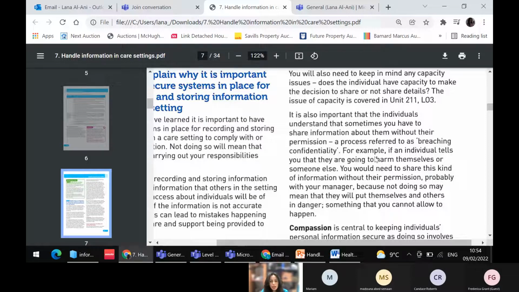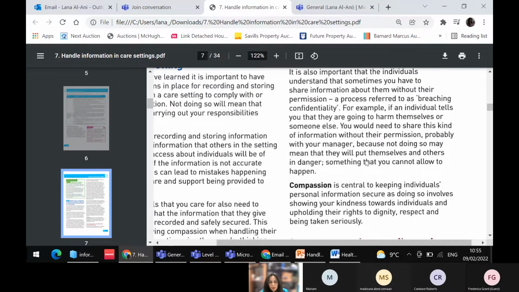So sometimes, even without the person's consent, you still should share the information, because it's in the person's best interest that you keep him alive. Because not doing that means that they will put themselves and others in danger, something that you cannot allow to happen.